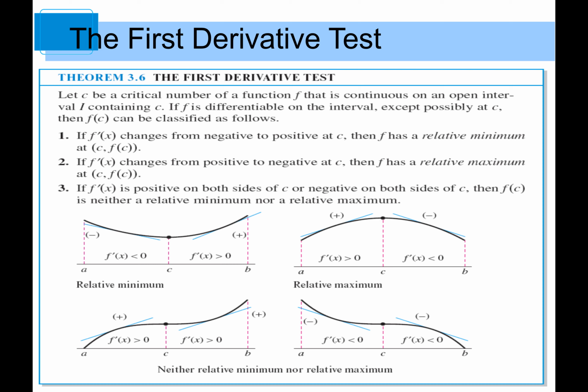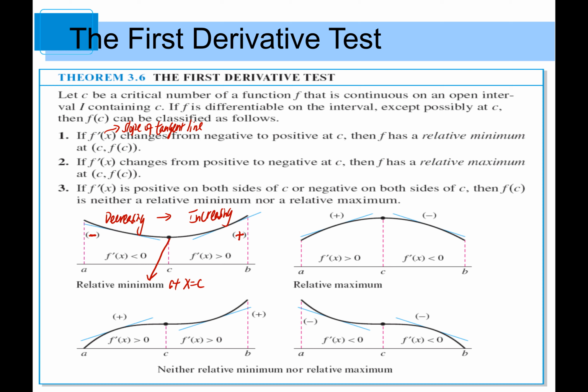If f prime of c, meaning slope of tangent line, changes from negative to positive, then we have a relative minimum here at x equals c. So if you put it as increasing, decreasing interval, then we have decreasing to increasing, then we have relative minimum.